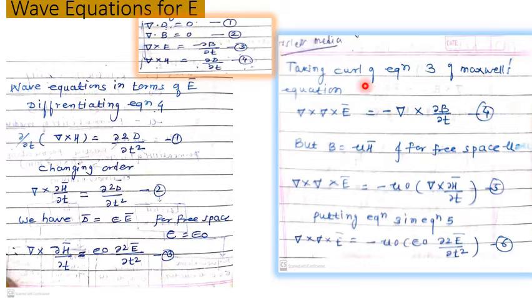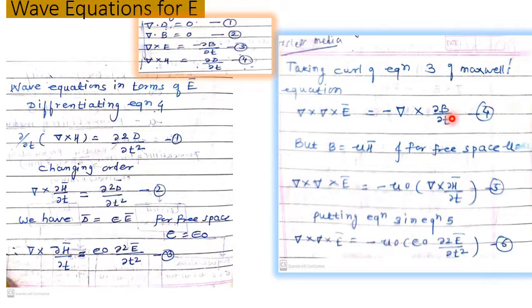Next we have to take the curl of equation 3. Equation 3 is del cross E is equal to minus dB by dt. So take the curl of it, that is del cross E is equal to minus of del cross dB by dt. But we know the relation between B and H. What is the relation? B is equal to mu H, and for free space mu is equal to mu 0.